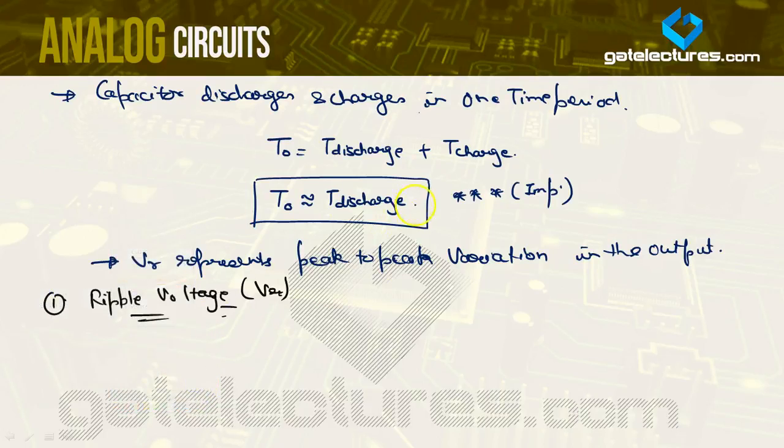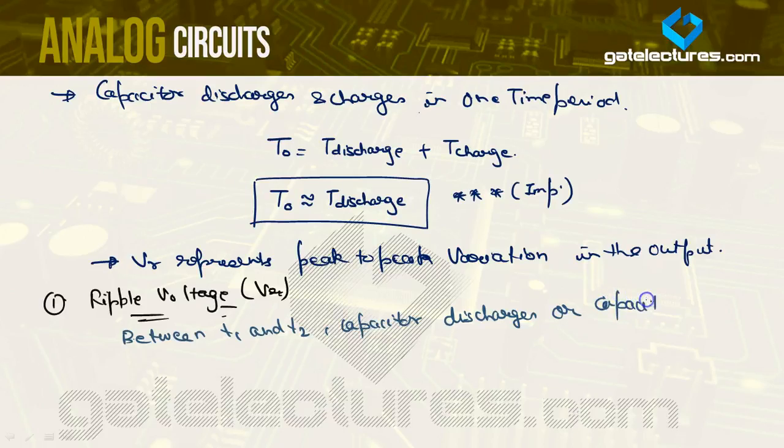Now, what's happening between T1 and T2? The capacitor discharges, or the capacitor loses charge.